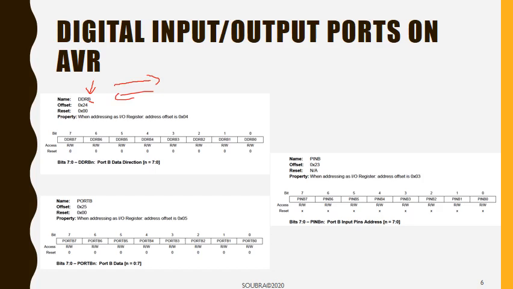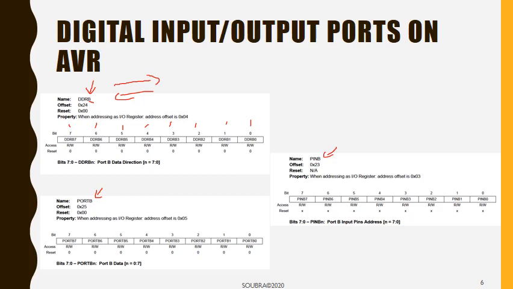So each pin could be either set up as an in or an out. Now we can see here the PORT register for port B and the PIN register for port B.